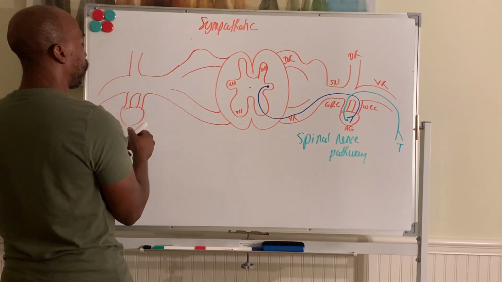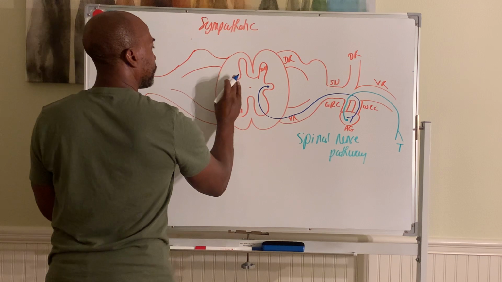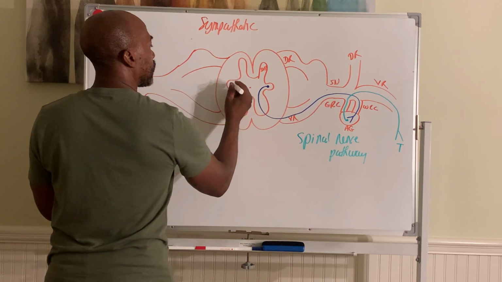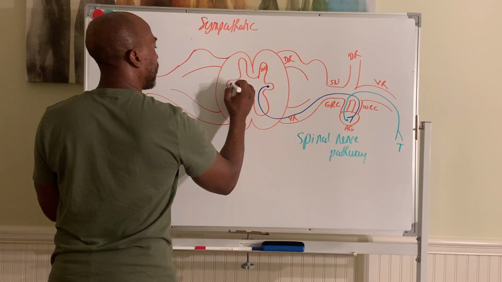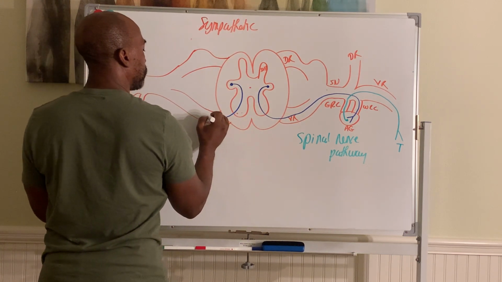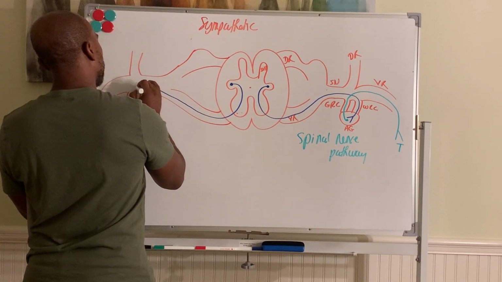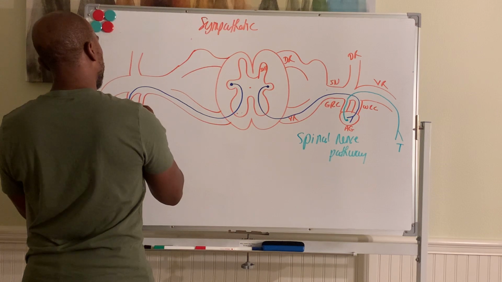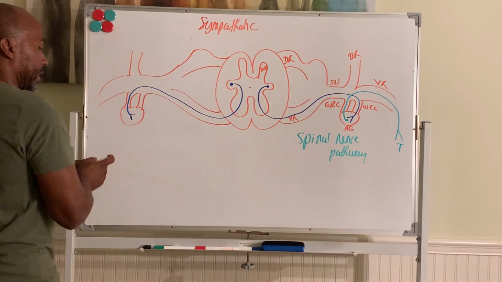So on this side, we're going to do another pathway. We'll have the pre-ganglionic neuron leave from the lateral horn, enter the ventral root, enter the spinal nerve, enter the white rami communicantes, and stop in the ganglia.